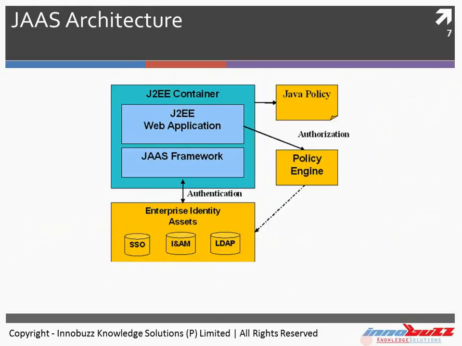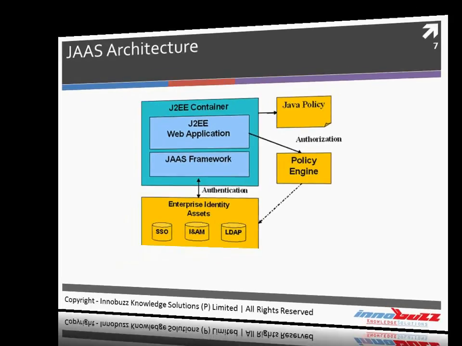Enterprise identity assets can be LDAP and many more, and the underlying base will be provided by the JAS framework. There will be certain Java policies for authorization techniques, which involve a policy engine. This is the basic JAS architecture found in a J2EE container. It can also be used for Java applications.